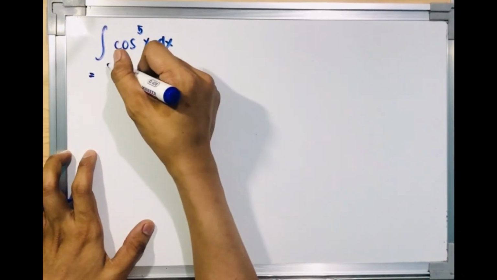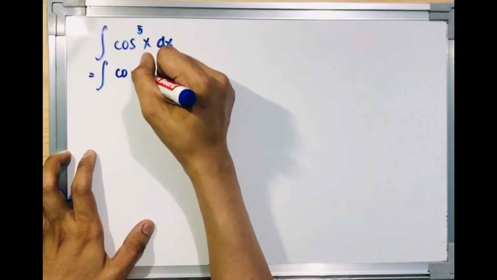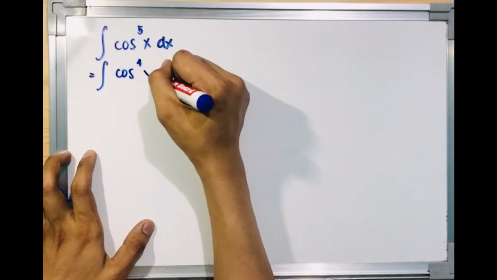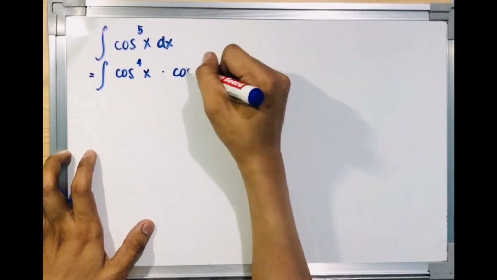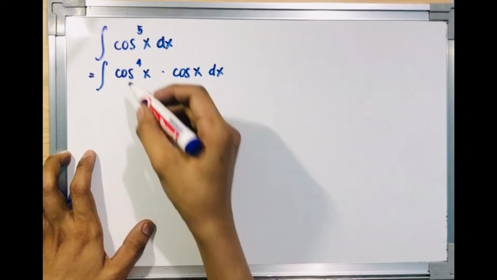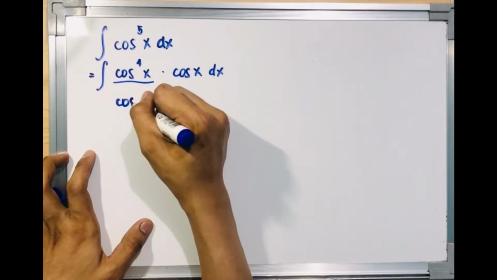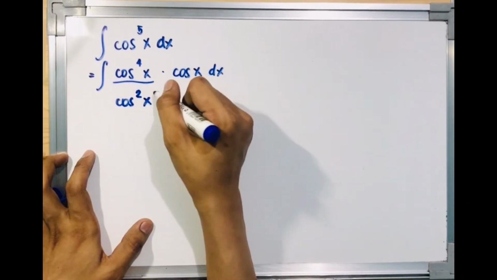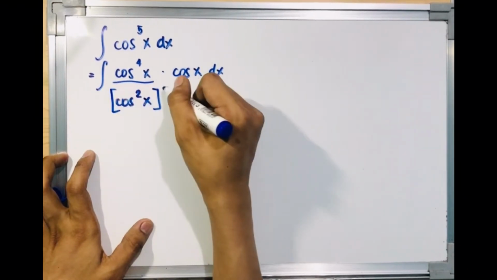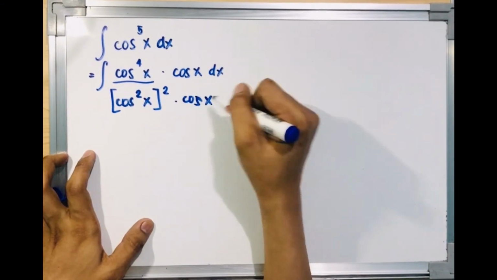And ang magandang gawin dito, si cosine raised to the 5, ay gagawin natin cosine raised to 4x, tapos, cosine of x dx. Kasi may maiisip tayo dito sa cosine raised to the 4x. Pwede natin siyang isulat as cosine squared of x tapos naka-square. Okay? Multiplied by cosine of x dx.